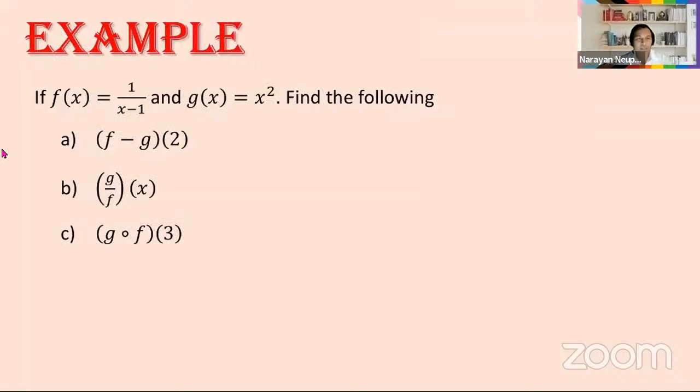Okay, first example. If f of x equals 1 over x minus 1 and g of x equals x squared, find the following. We are asked to find these three. So let's begin with the first one.